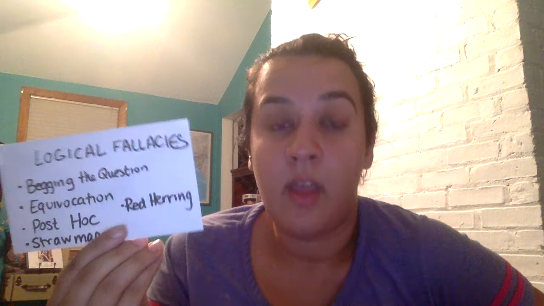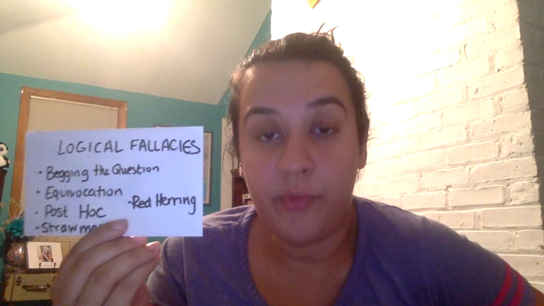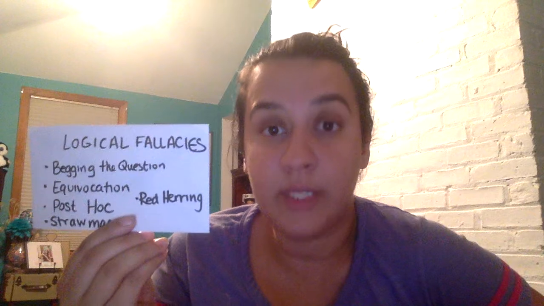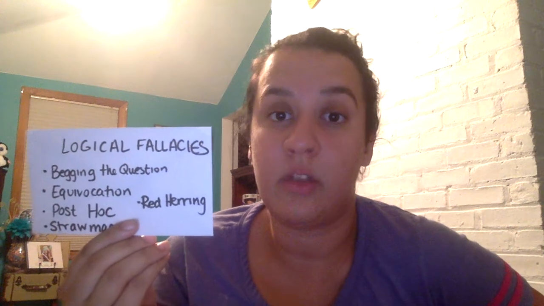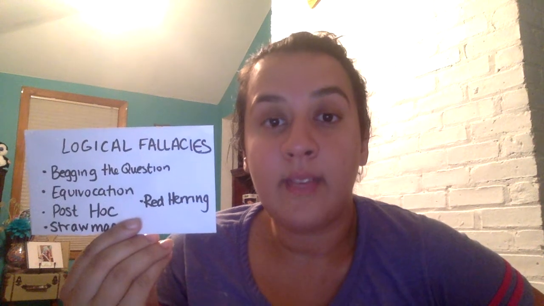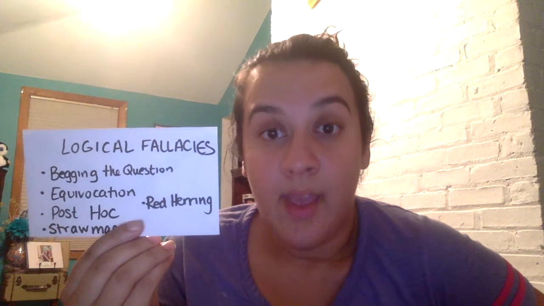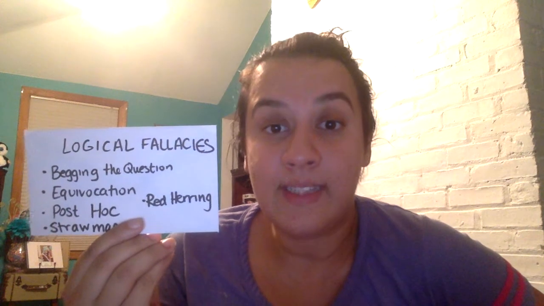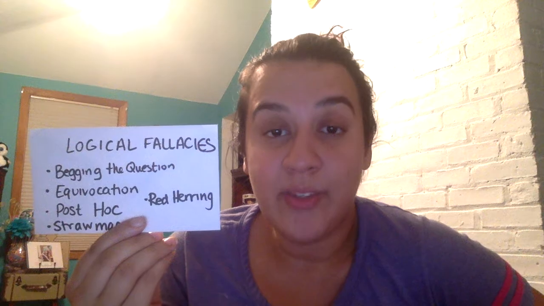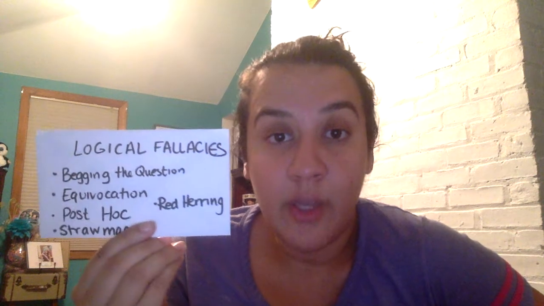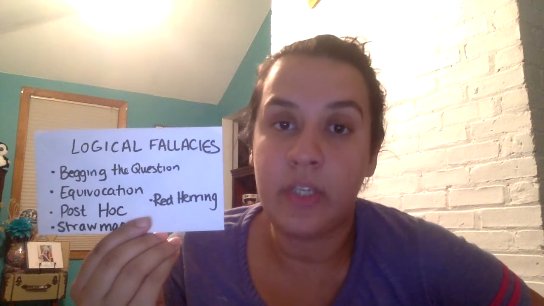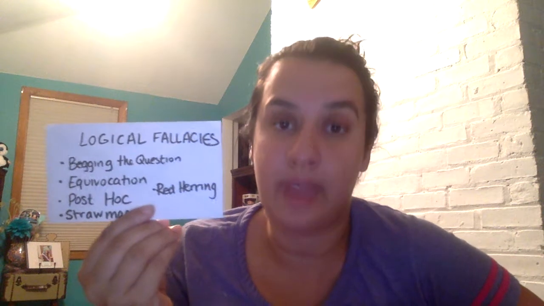Another thing you can do is see if there are any logical fallacies presented in the counterclaim. Logical fallacies are flaws in reason, flaws in logos. If you see that a counterclaim is defending itself using logos that is flawed, you absolutely can mention that, and that is a great way to refute a counterclaim.